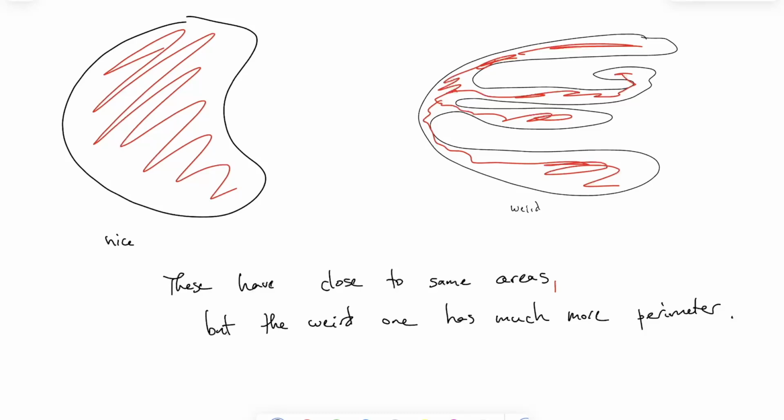This is the basic idea behind the isoperimetric quotient. A nice shape versus a weird shape, the way to tell the difference is by looking at the perimeters. The weird shape will generally have a much greater perimeter versus the nice shape.